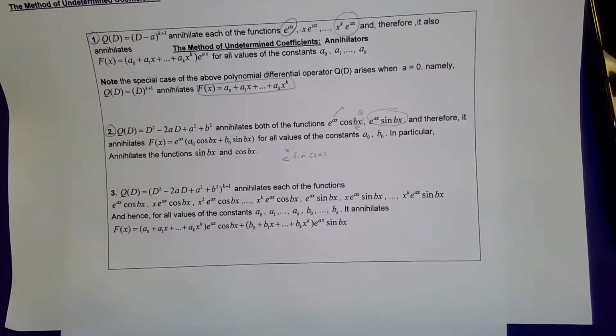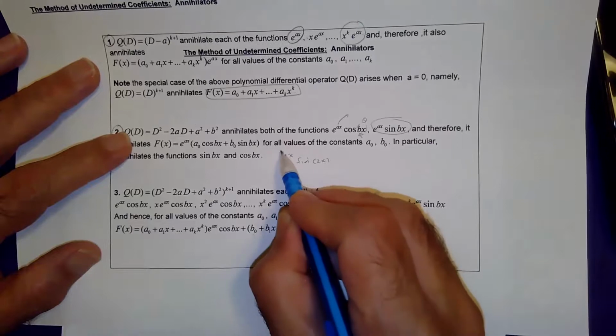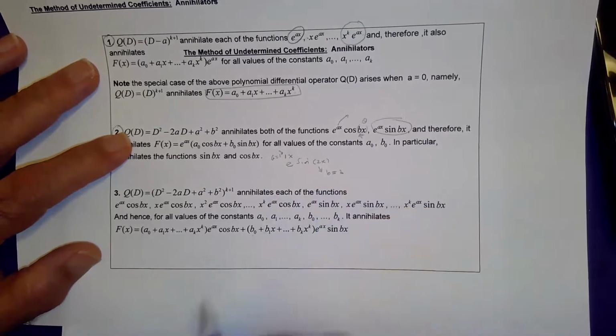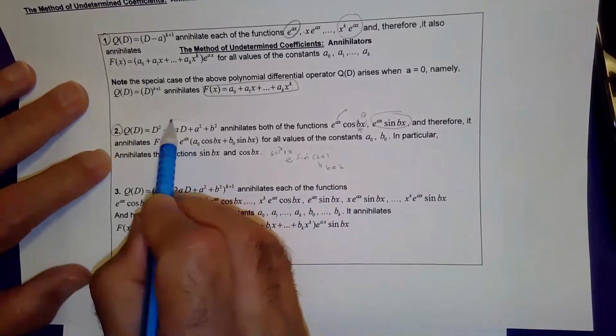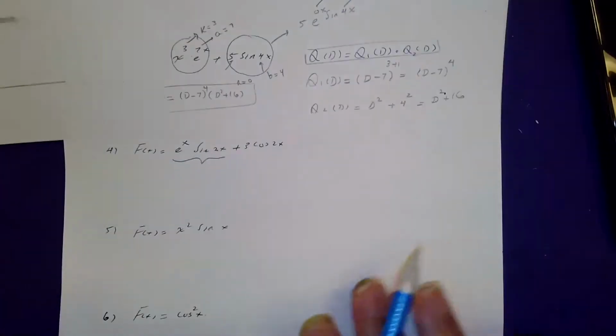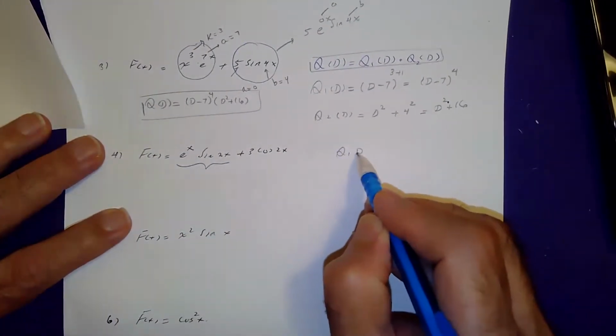plus 1 squared, yes, plus 4. Exactly. Did you hear? a is 1. b is 2. So go back and form this operator. As she said correctly, it is my first annihilator.